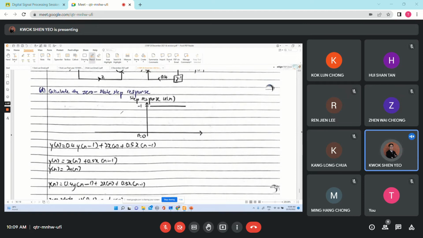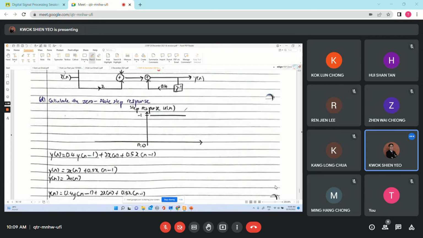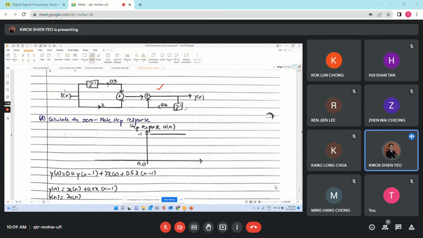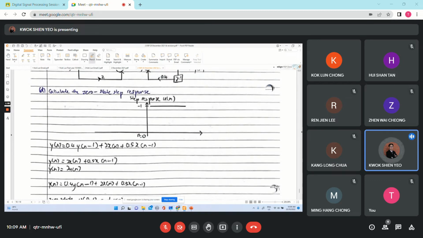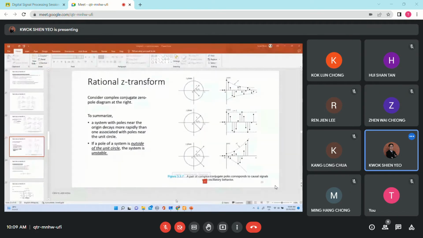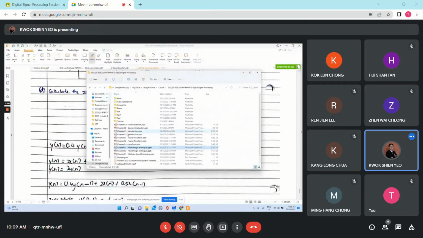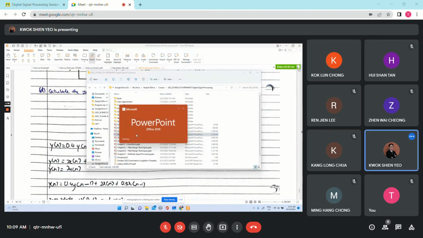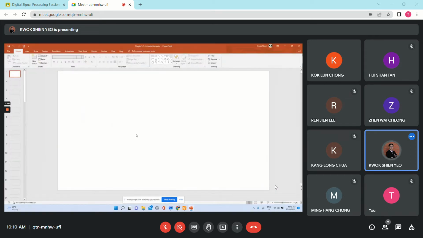So you see, I actually reuse the slides now. So this is the zero state response. Calculate the zero state response. You can refer to this slide for how to do this question. Zero state is, I think here, 1.2.